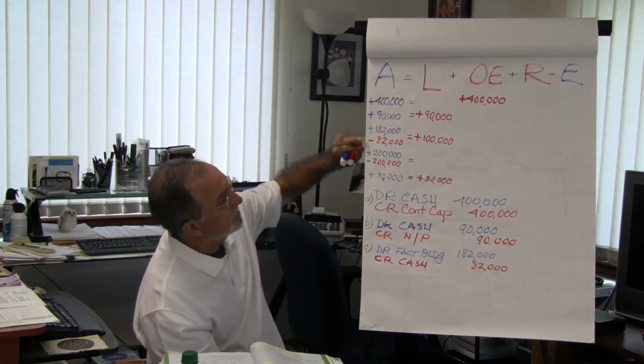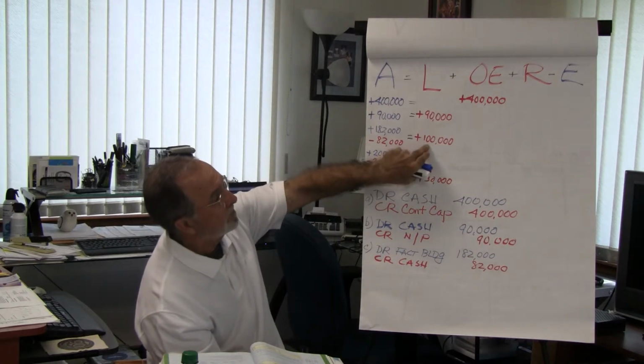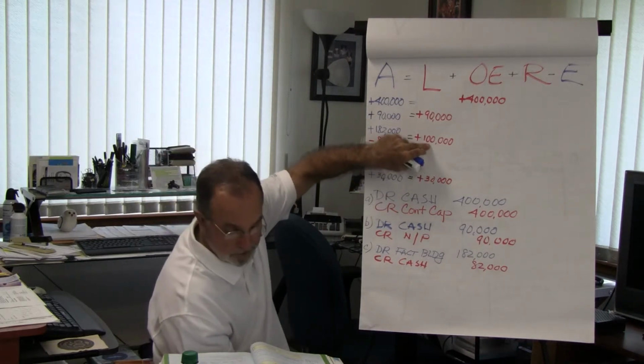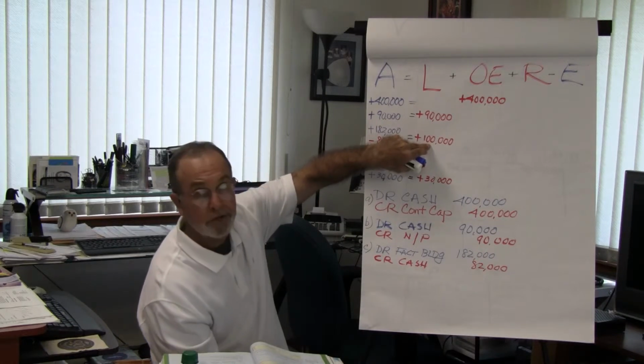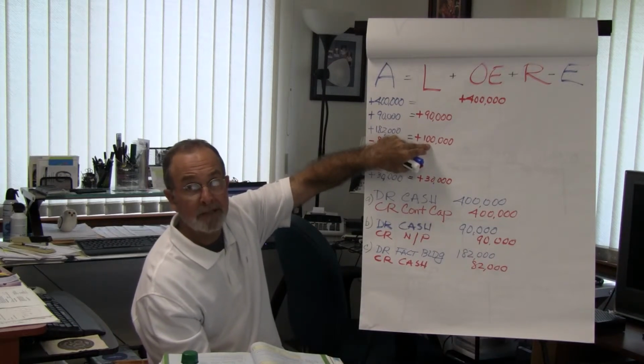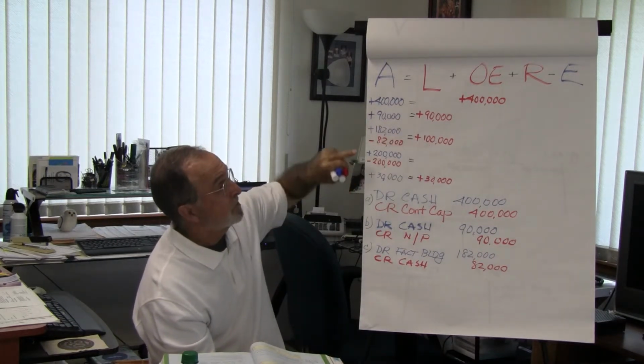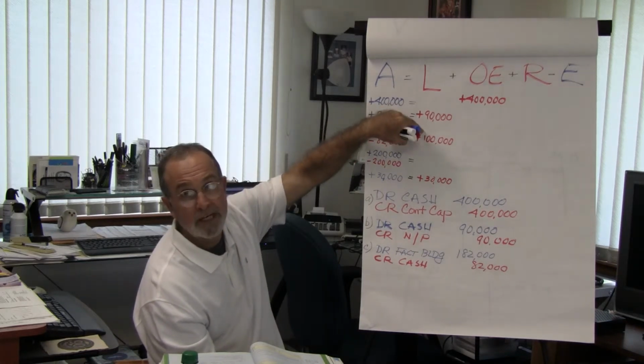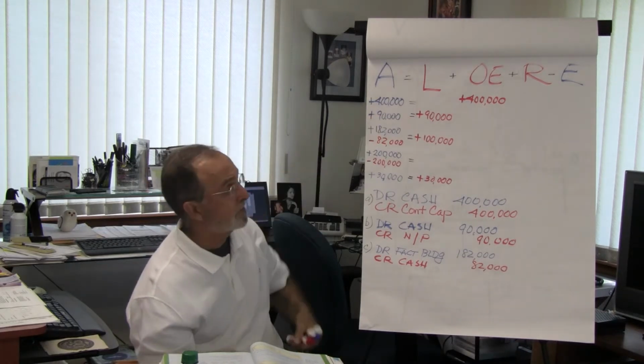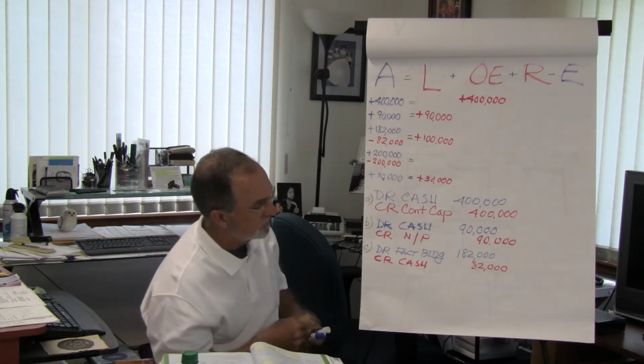And our third account is for the 3-year note payable for the balance of that transaction. We bought it for $182,000, we paid cash of $82,000, so we owe $100,000 under a note payable to the seller of the building.